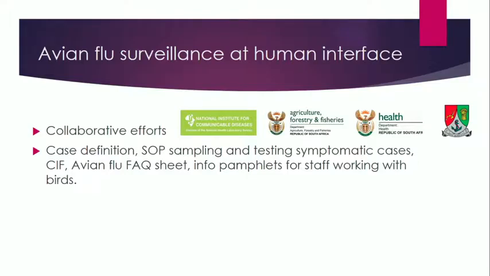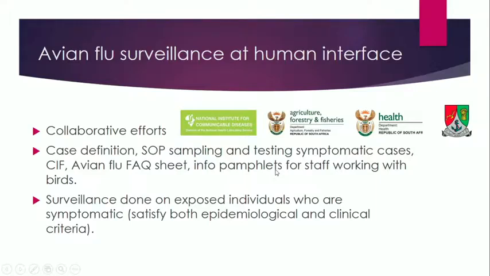We developed an SOP for sampling of people and the testing of samples, and also developed a case investigation form in order to get all the information on people that we suspected of being infected, to try and tie down what associations or disease associations we could find with being infected, if they were in fact infected. And then we also developed information pamphlets for staff working with the birds.